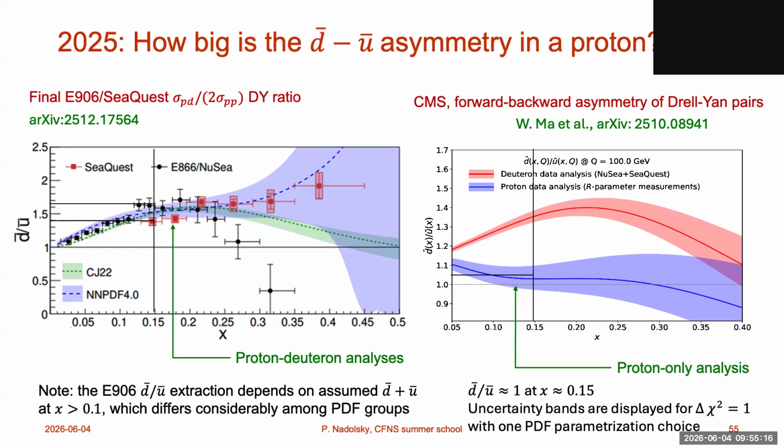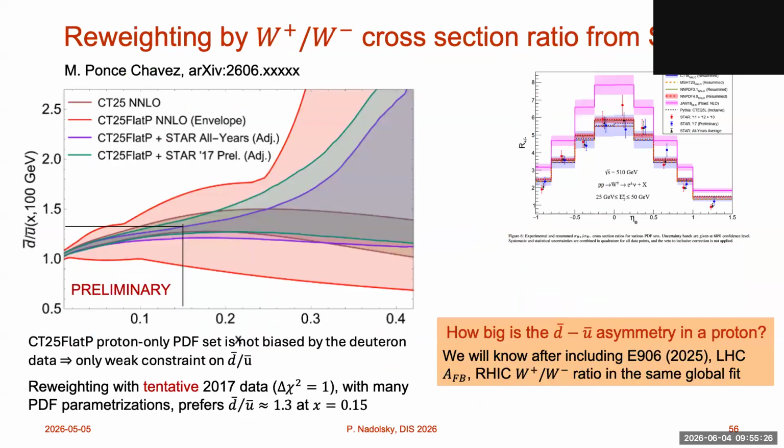So there are these new analyses that ask, are you sure there is this asymmetry between D bar and U bar in this region? So this is not a closed case.